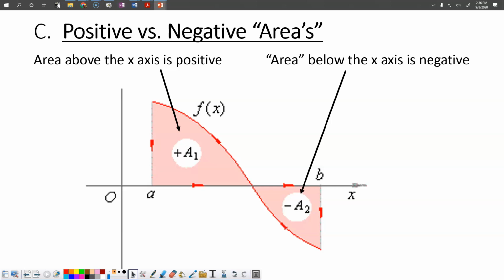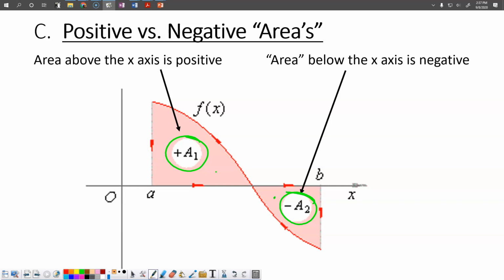All right. We also talked about positive area and negative area in a previous lesson as well. So anytime the area that we're finding is above the x-axis, it's a positive area. When it's below, it's a negative area. So if these were equal, it's possible they could cancel each other out and your answer is 0.